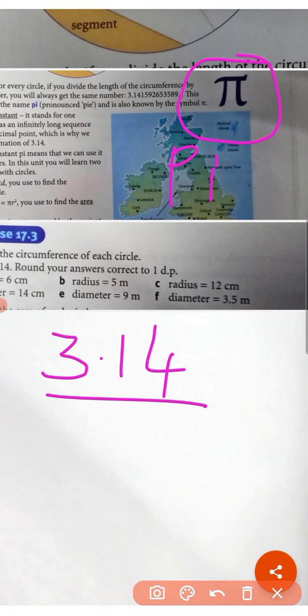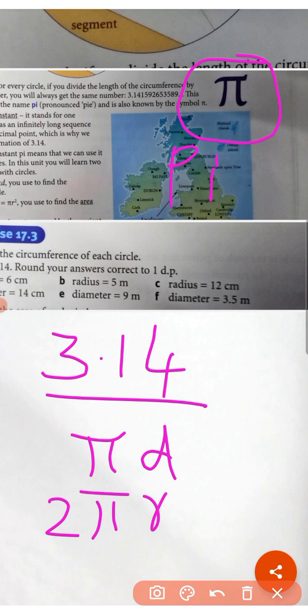We are using pi for finding the formula of area of a circle and circumference of a circle. Circumference of a circle is equal to pi d, where d stands for diameter. Or we can use the formula 2 pi r for finding the circumference of a circle.